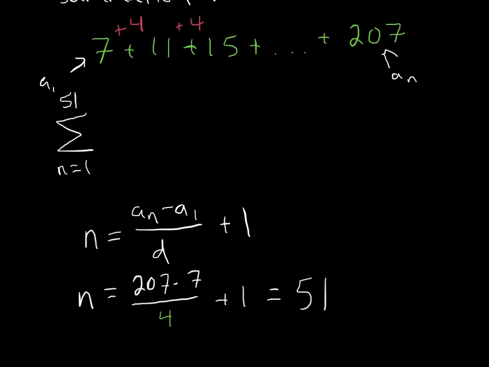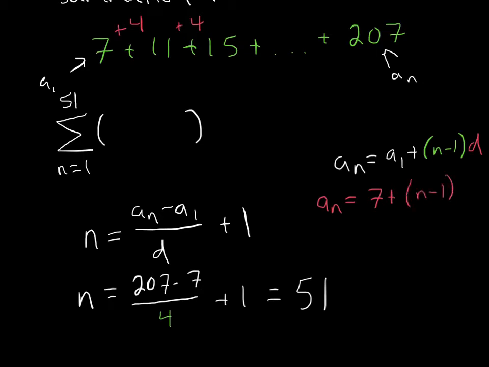Now the last thing we need to do, to put this into summation notation, is to find the explicit formula. Again, this is an arithmetic series, so the explicit formula for an arithmetic sequence is a sub n is equal to a sub 1 plus n minus 1 times the common difference. Let's plug those in. So a sub n is equal to 7, the a sub 1, plus n minus 1 times the common difference, 4.